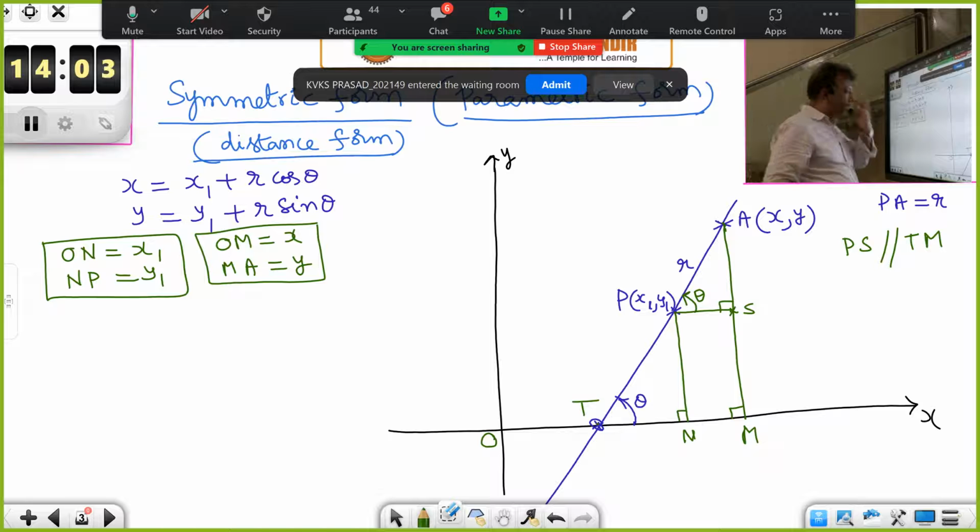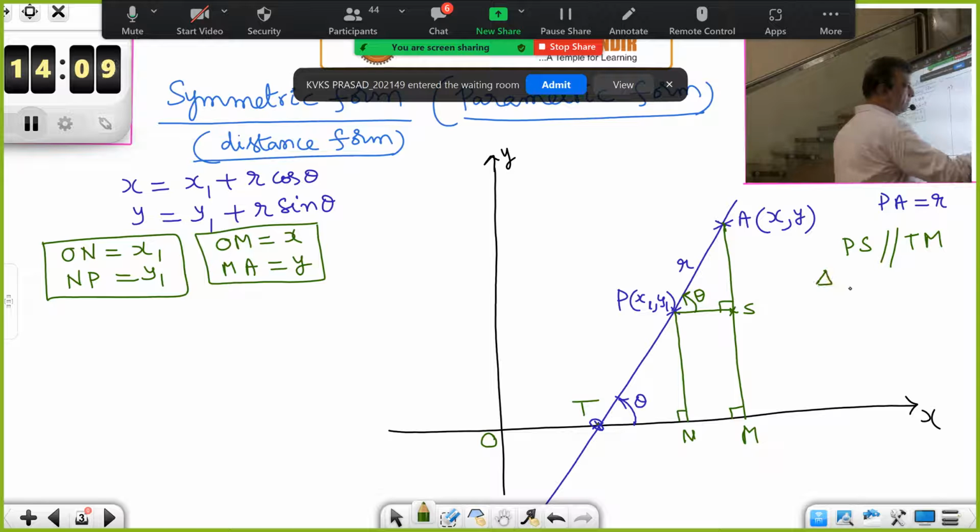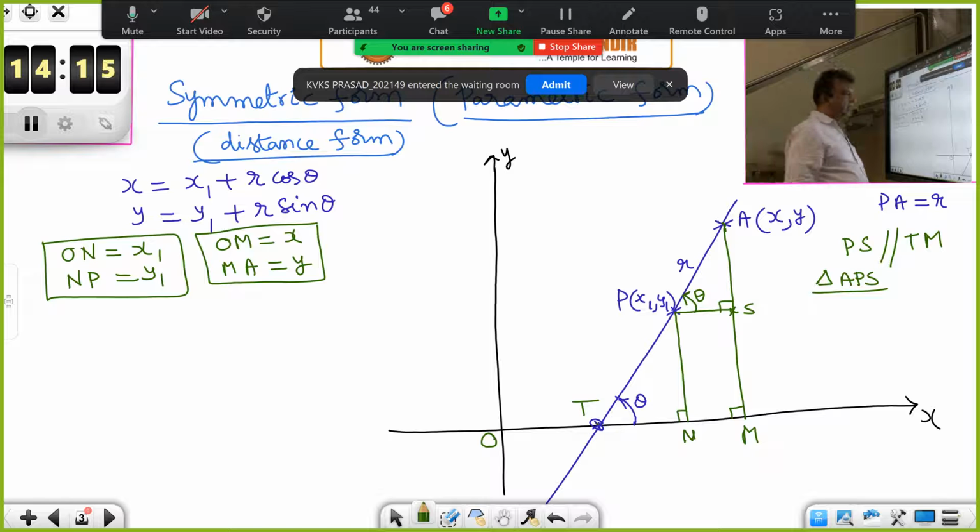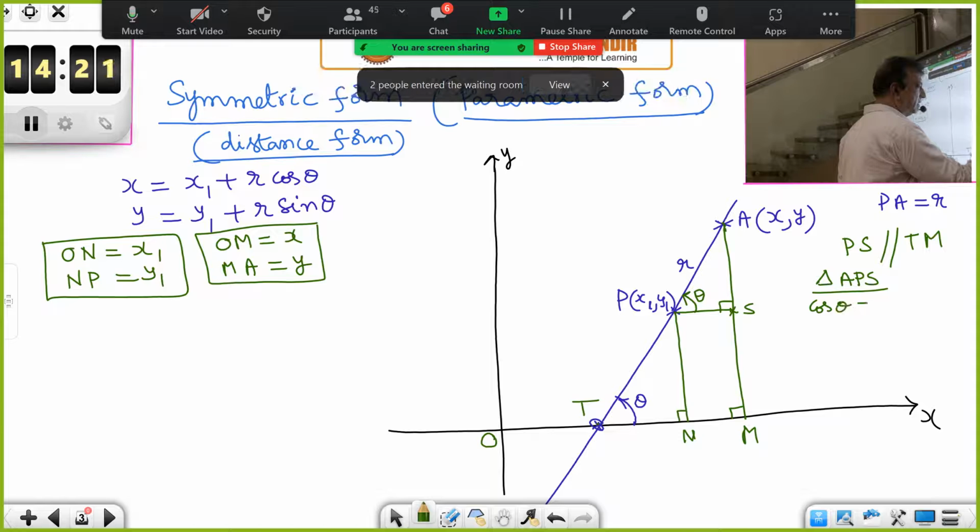Tanmay, see the triangle APS. Can you see the triangle APS? Yes, sir. It is a right angle triangle, do you agree? Yes, sir. Because at S, 90 degrees is there. Okay, now tell me what is cos theta? Sir, cos theta is PS by PA.